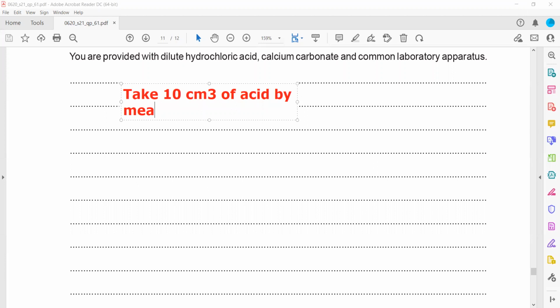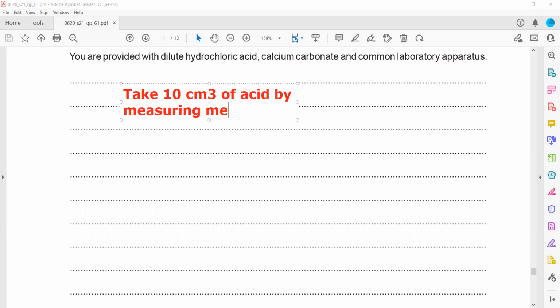There is a 10, but 25 is the common one. So take 10 cm cube of acid by measuring cylinder, and we'll transfer it into a conical flask. That is the first step.